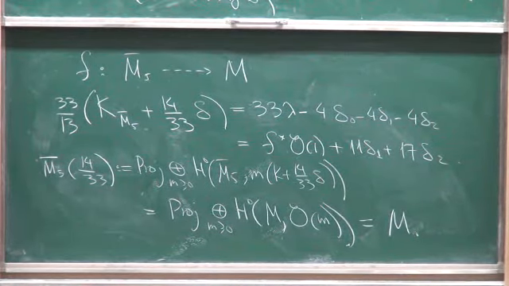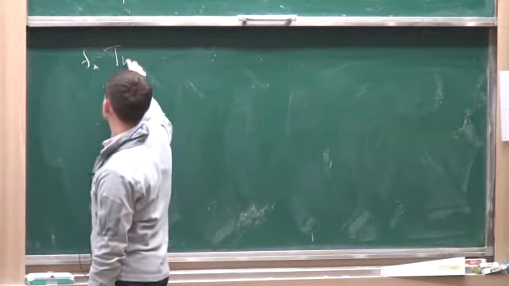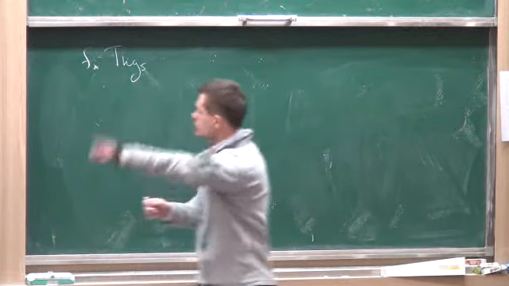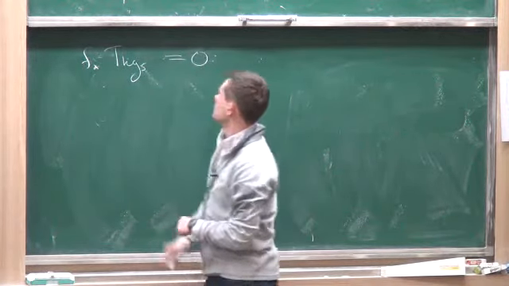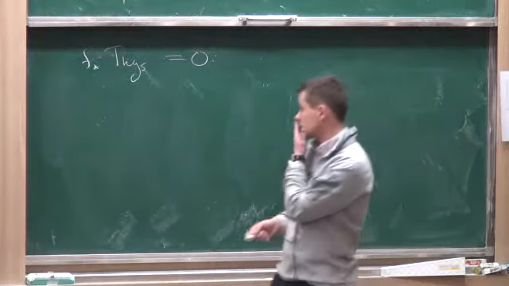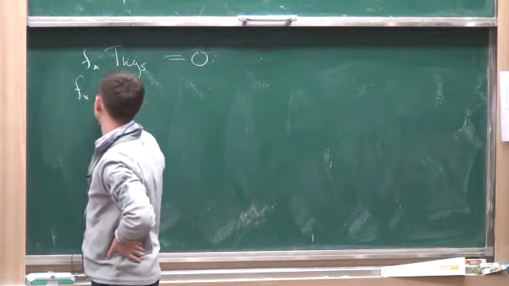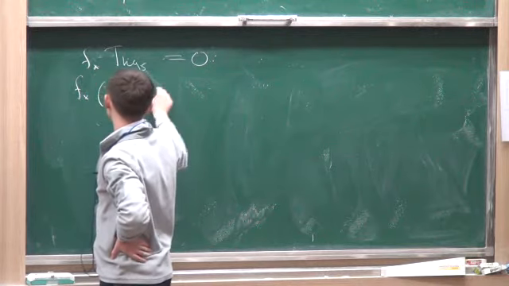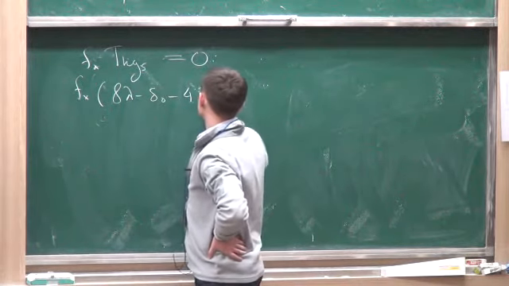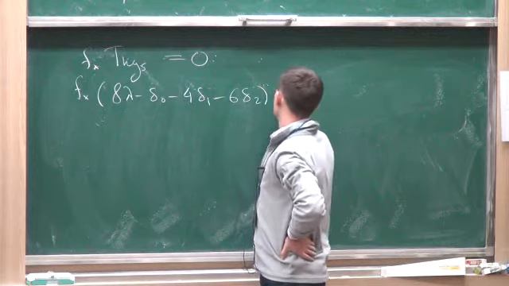And now where does 3/8 come from? Well, the fact that the trigonal divisor is contracted means that the push forward of the trigonal divisor is 0. The trigonal divisor on M5 bar has class a lambda minus delta naught minus 4 delta 1 minus 6 delta 2.